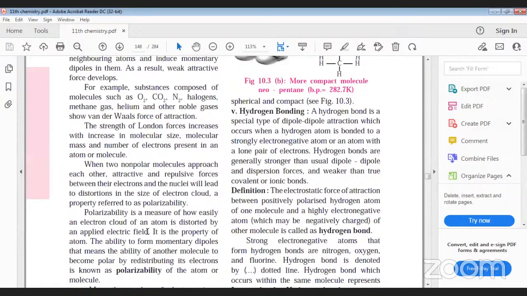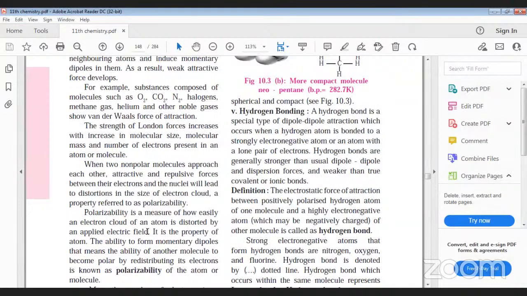One molecule may have different attractive forces than the other. Due to the different attractive forces, or the number of electrons present, there is a distortion in the size of the electron cloud, and this property is called polarizability.